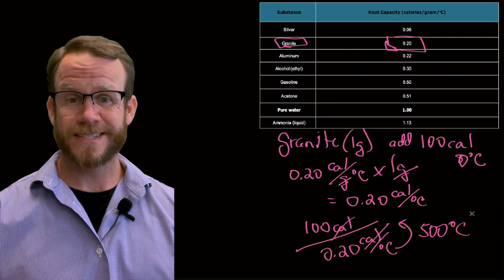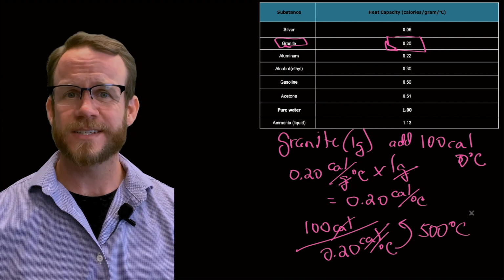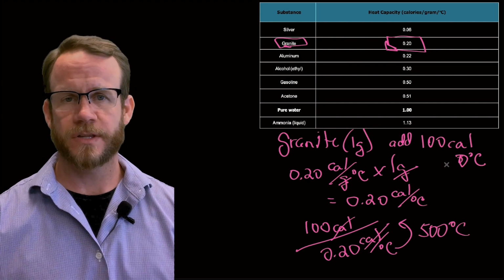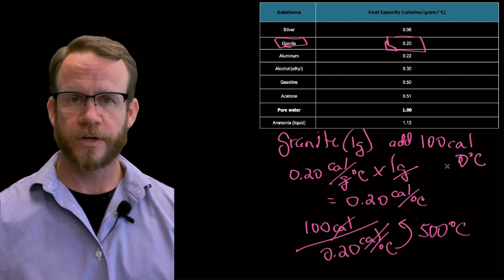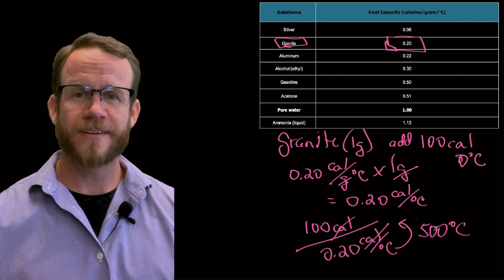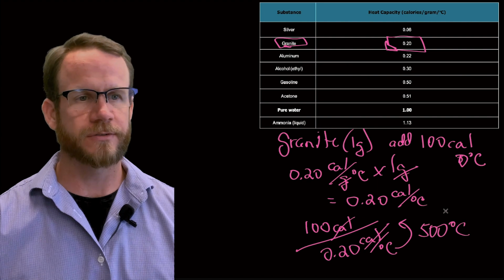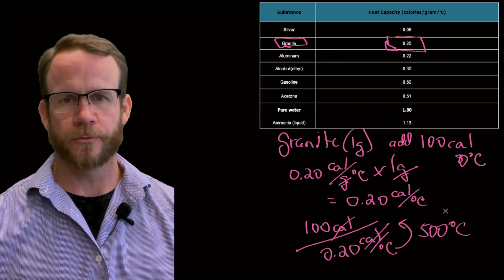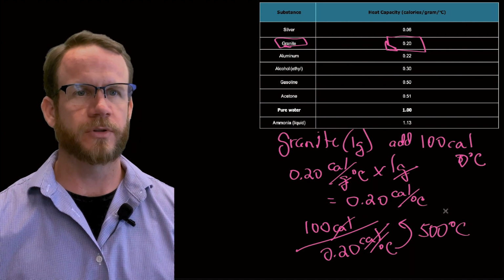So this is that sand that you're walking on at the beach. This is the reason it gets so hot. The same amount of energy that we added to water that took it from 0 degrees to 100 degrees Celsius takes sand, granite, to 500 degrees Celsius. That's pretty impressive, right? And that's most rock. Let's just say rock, sand, all that stuff is pretty similar.